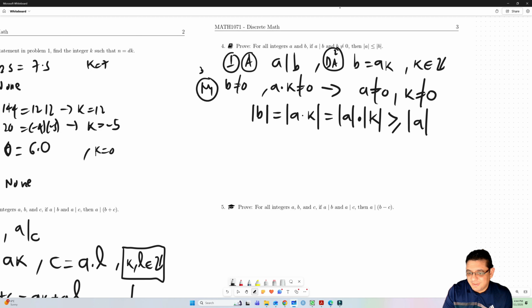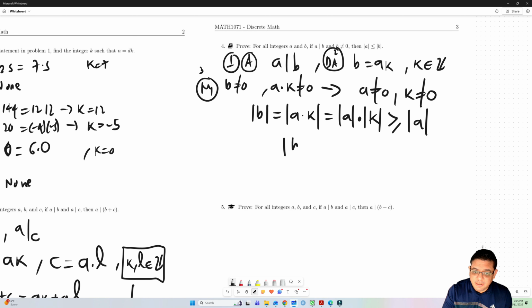So it makes sense that this is bigger than the absolute value of A, in particular if K is an integer, because that means K is not going to be a number between 0 and 1 that could flip this inequality, or a negative that could flip it. The absolute value avoids that inequality problem.